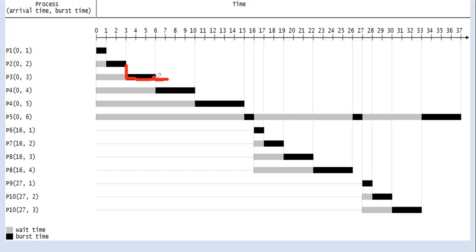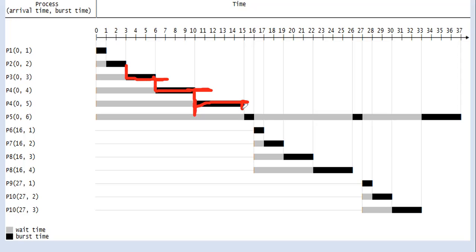Then, all this time, process P4 is waiting. So it will start being executed, and it will be processed for a total time of 4. And then process P5 will start being executed, and it will take a burst of 6.